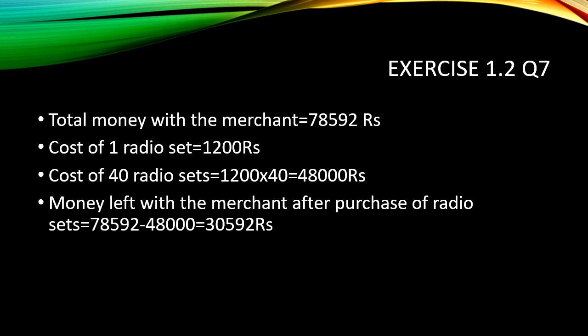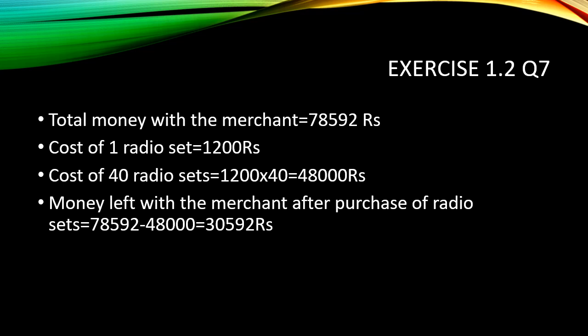Question number 7. A merchant had rupees 78,592 with her. She placed an order for purchasing 40 radio sets at rupees 1,200 each. How much money will remain with her after the purchase? Total money with the merchant is 78,592 rupees.